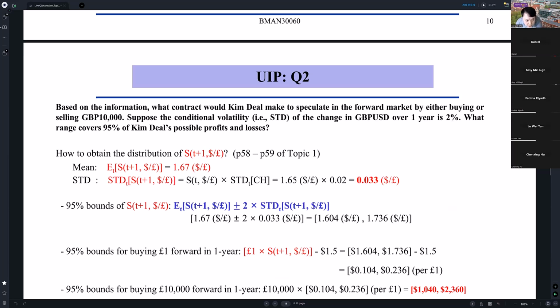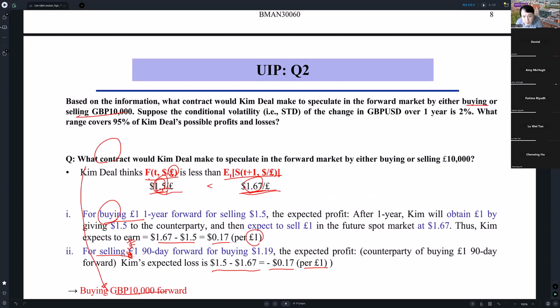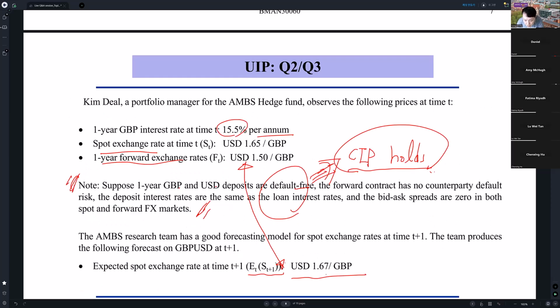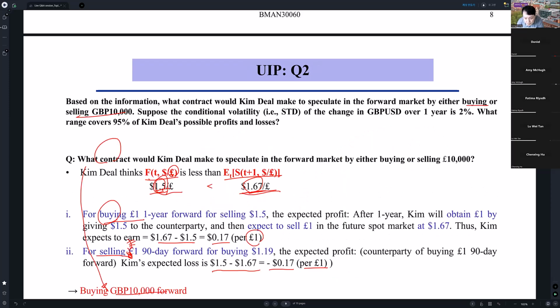So what is the distribution of the future unknown exchange rate? First of all, the mean value is given: 1.67. The expected value of the future exchange rate is given as 1.67.